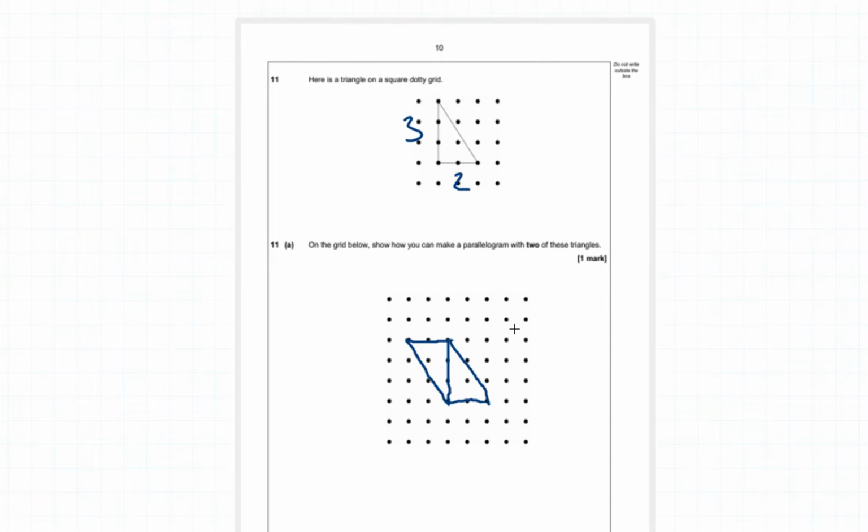You could also have the following one. So you could have a triangle with a base here, so it's 1, 2, and then 1, 2, 3, like that, and then you could put another triangle here, 1, 2, 3, 4. This would count as a parallelogram.